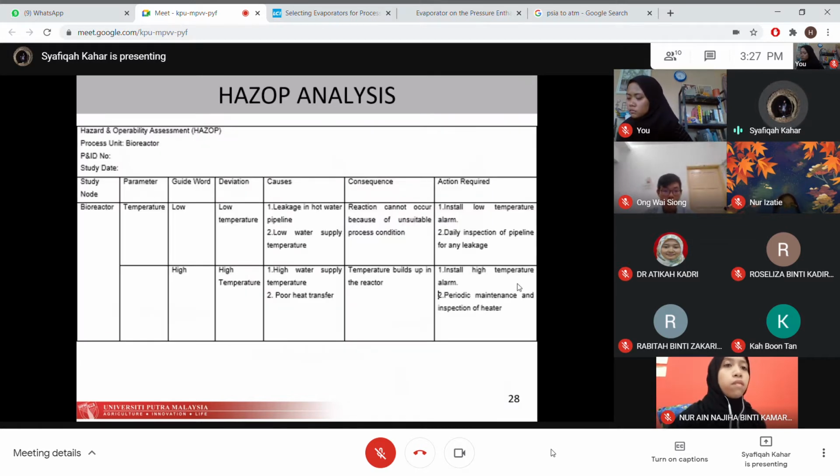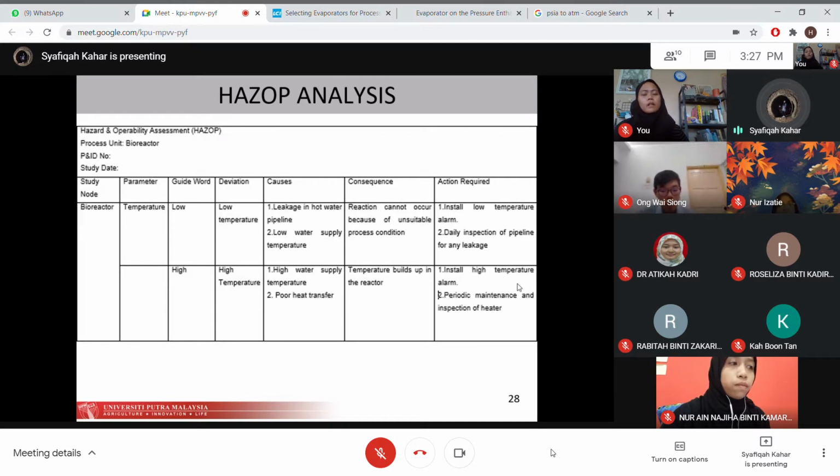Okay, this one is the HAZOP analysis for my bioreactor. Firstly, the parameter that will be analyzed is the temperature. For low temperature, the cause might be leakage in the hot water pipeline and also low water supply. When the temperature is low, the reaction cannot occur, so the action required is to install a low temperature alarm and also daily inspection.